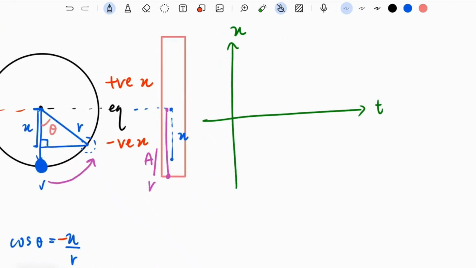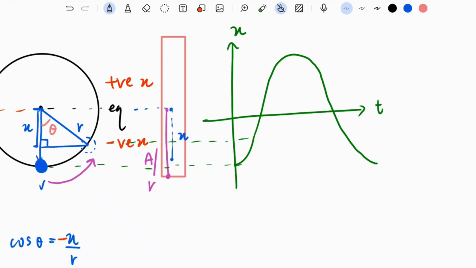It was initially here, which is this point. Then it goes up to a certain point, which is this. Then it goes all the way up, and then comes down.